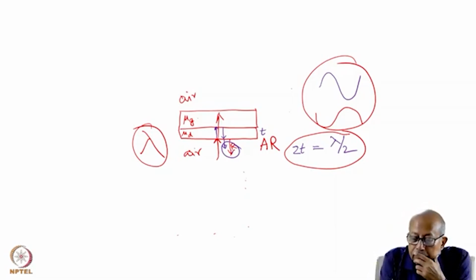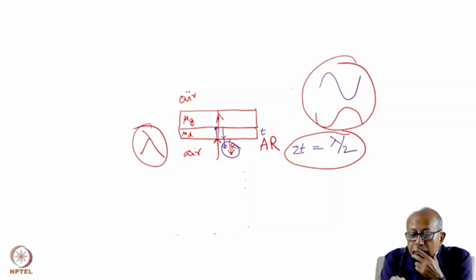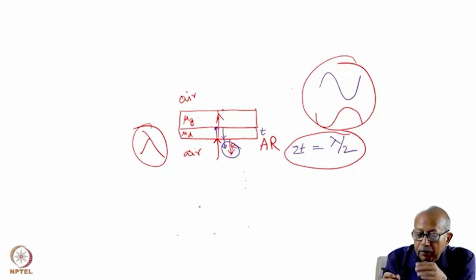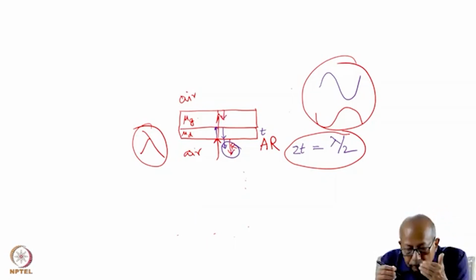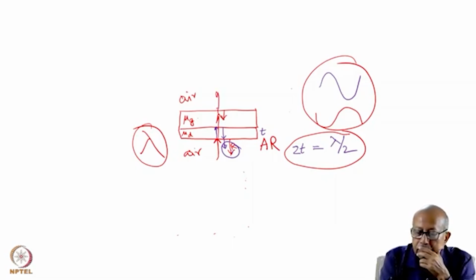And now it will again shine on this glass to air interface, and a part of it, that is again that Fresnel reflection, will be reflected and the rest will be transmitted.